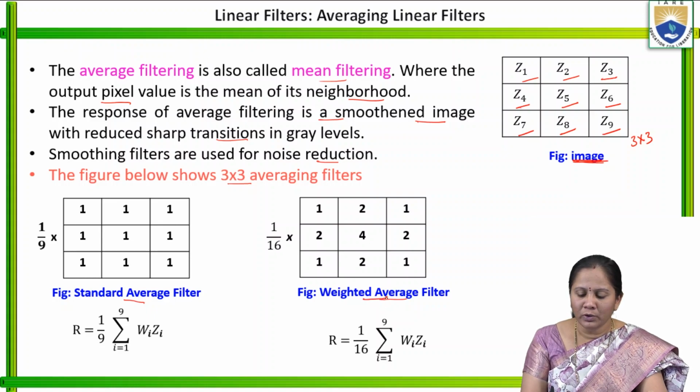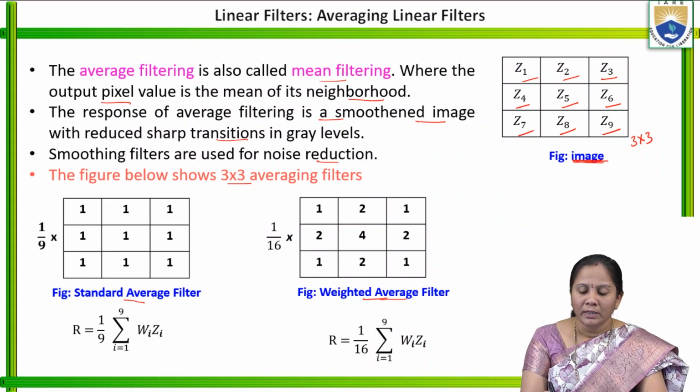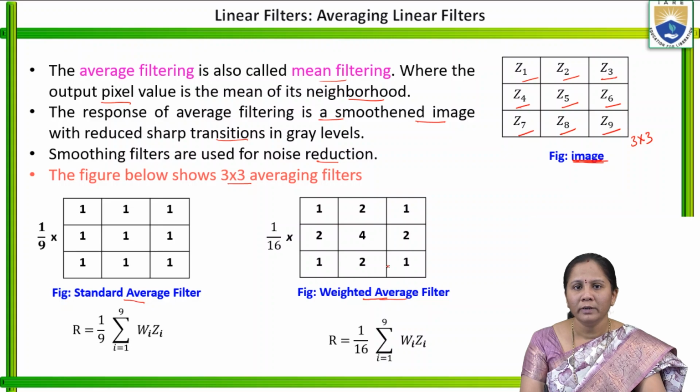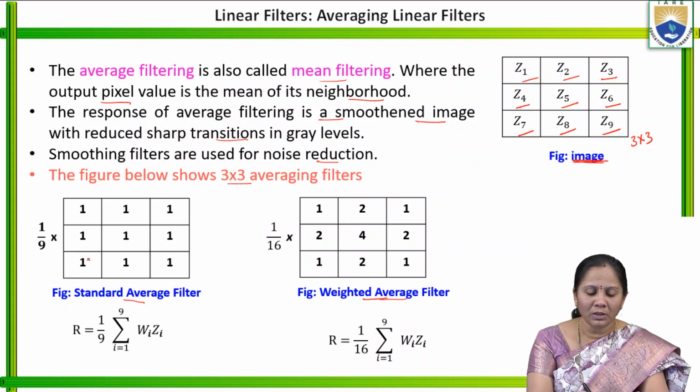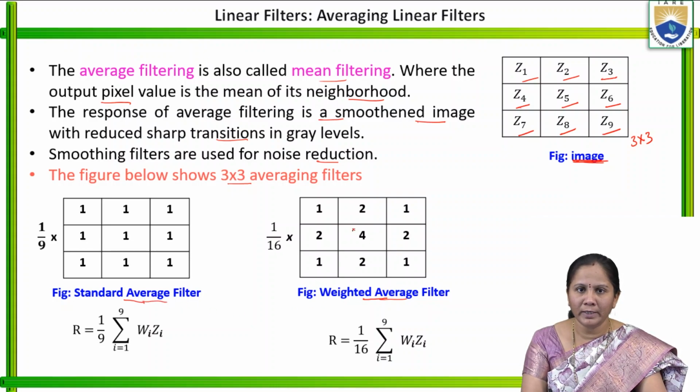Whereas in the weighted average filter, each coefficient has its own weight. Here all the weights are 1, that's why it is called the standard average filter. And here the weights of the coefficients are 1, 2, 1, 2, 4, 2, 1, 2, 1, each one having its own weight.